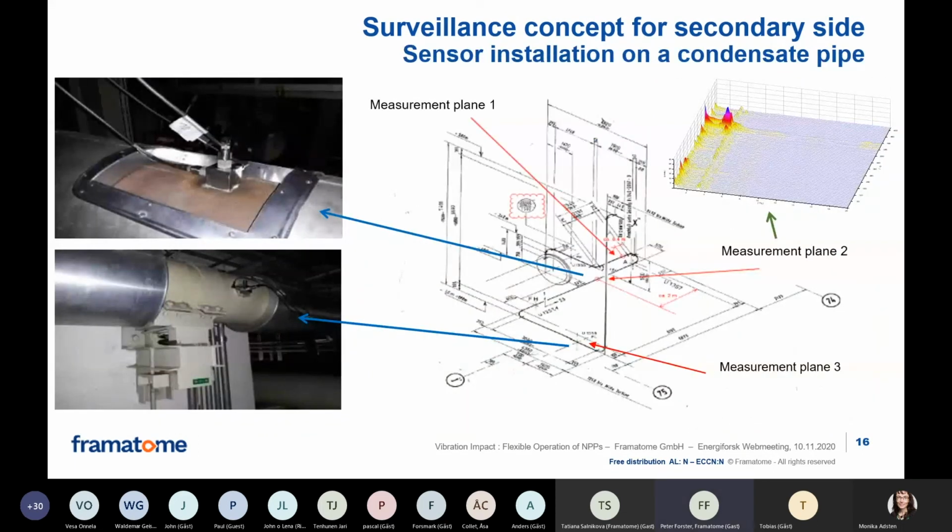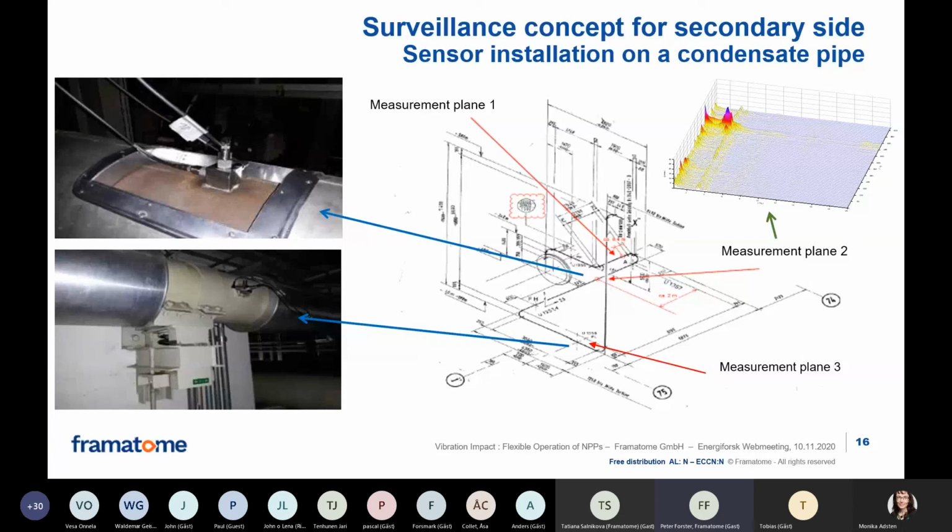there is an example of this vibrating high pressure condensate pipe. On the left side, we show a typical installation of a 3-axis sensor on the pipe on a horizontal section, and also in the lower photo near the support.